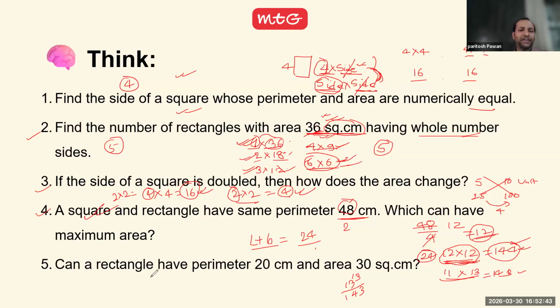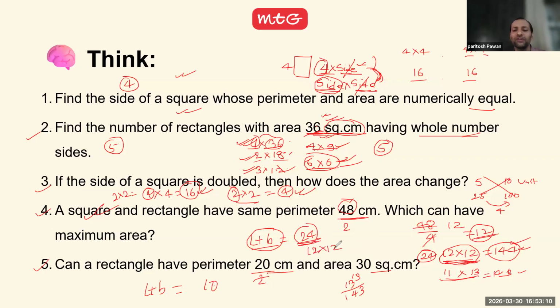So now question 5. Can a rectangle have a perimeter of 20 centimeter and an area of 30 centimeter? The perimeter is 20, so when you divide by 2, length plus breadth is 10. Just now I told you, when length plus breadth is 24, the maximum area is when you take half and half, 12 and 12.